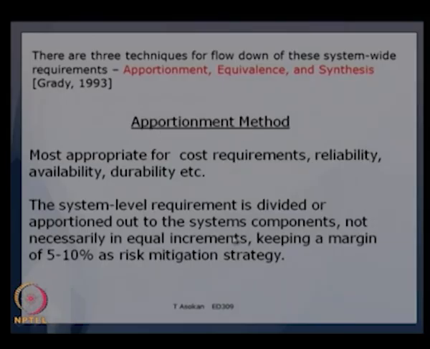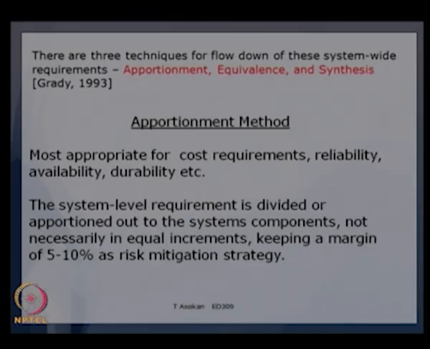One example could be the cost of operation of the elevator. If you say that 10,000 rupees per month is the maximum allowed for operating the system, then we can take 10% as a margin. So for 9,000 we can identify the maximum cost coming from the components. The 9,000 rupees can be divided amongst these 4 components depending on the importance of each one.